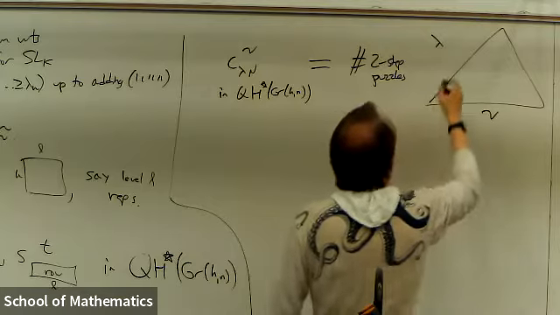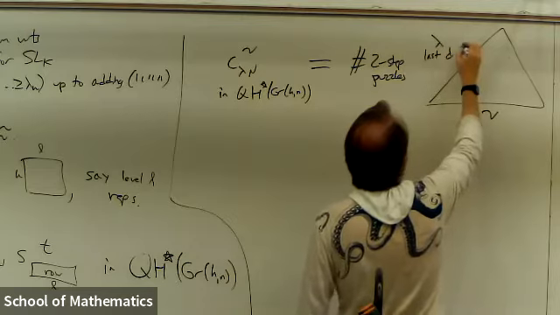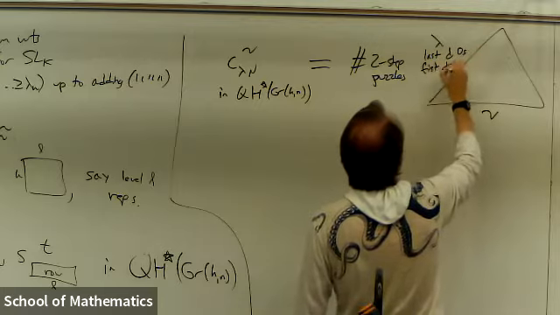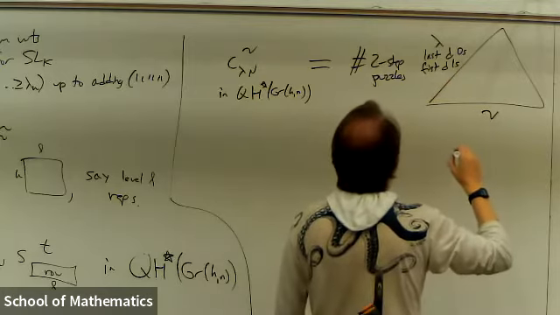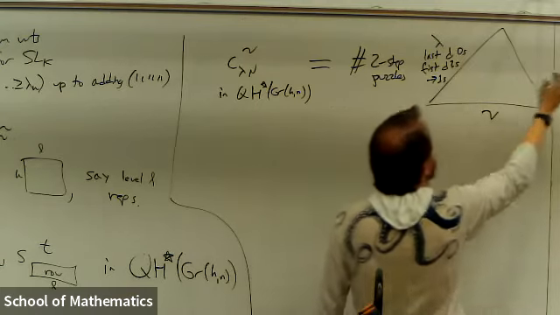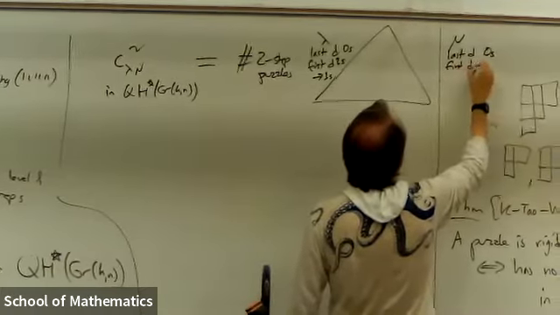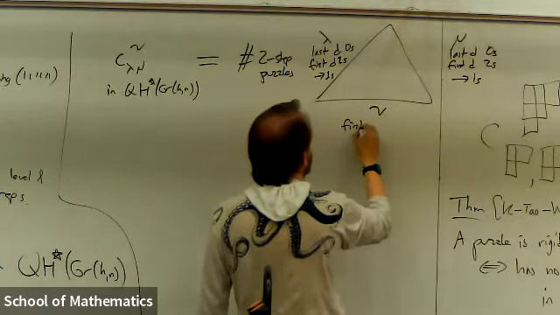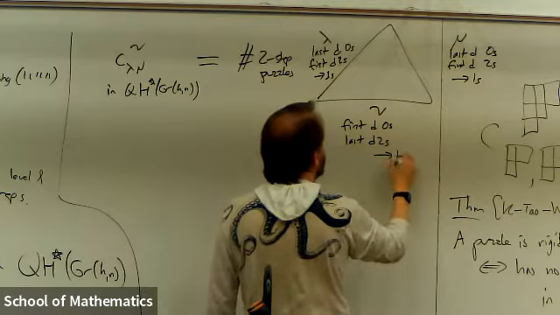We put lambda here, but the last D zeros and the first D twos are turned into ones, and here the same thing. Last D zeros and the first D twos are turned into ones, but here it's the opposite. The first D zeros and the last D twos are turned into ones.